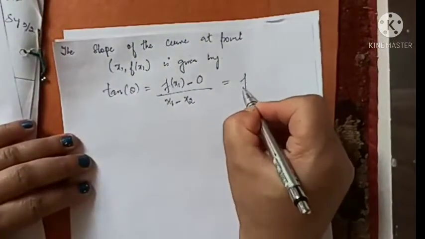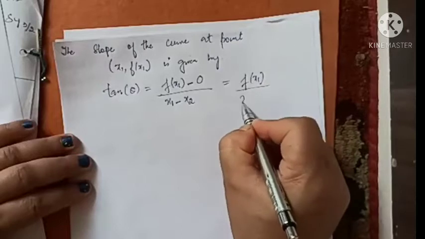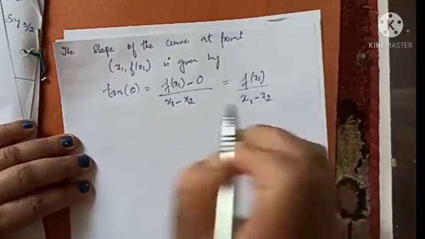So we can write this as f of x1 divided by x1 minus x2.